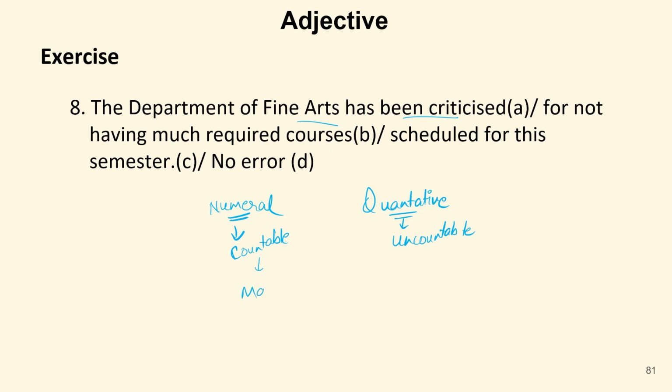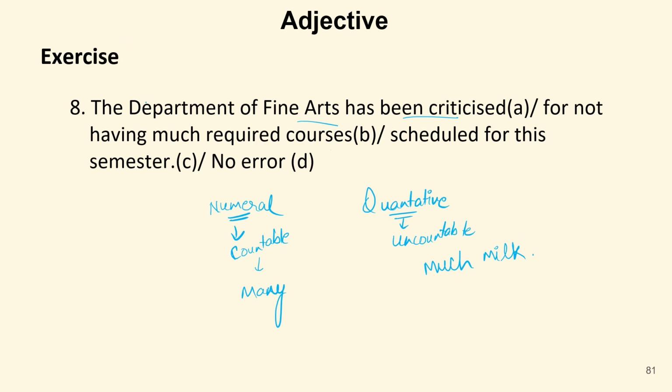Now, the word many is used with countable nouns. For example, we can say there are many stars in the sky. Stars are countable, so we can use many with them. On the other hand, we have the quantitative much. Much is used with uncountable nouns like milk, for example, much milk, much water.